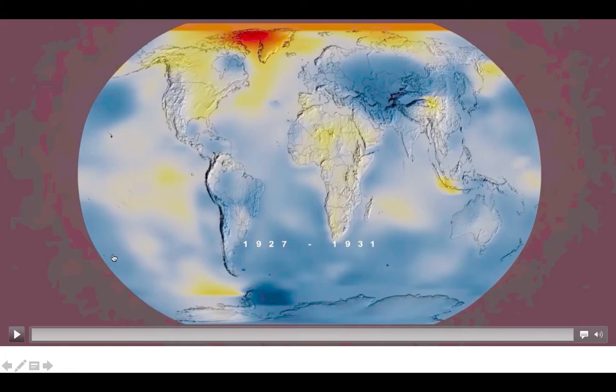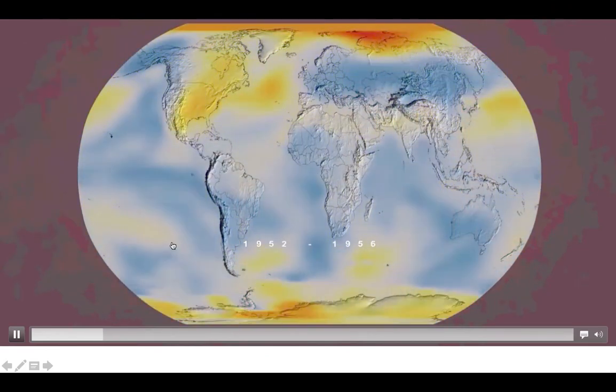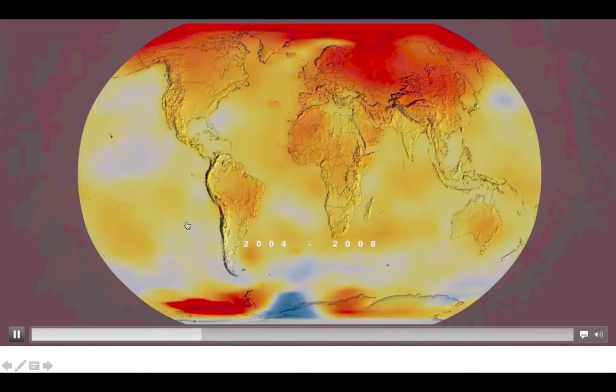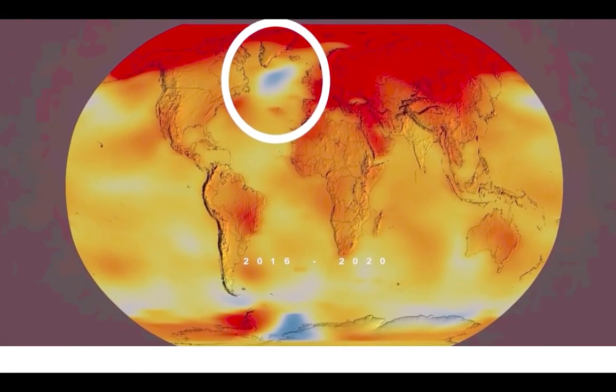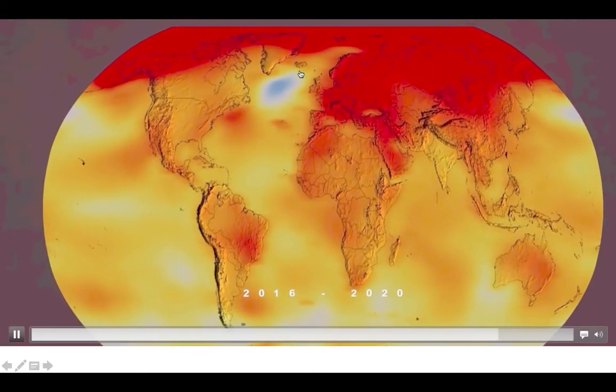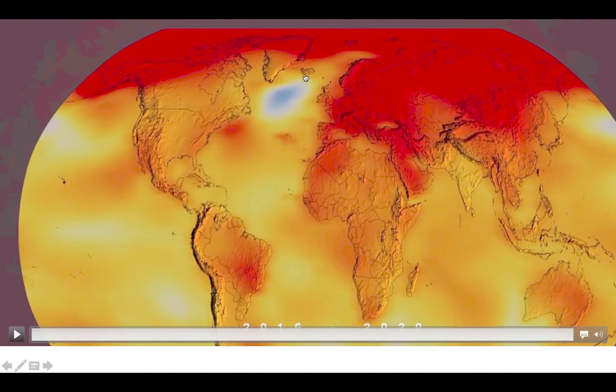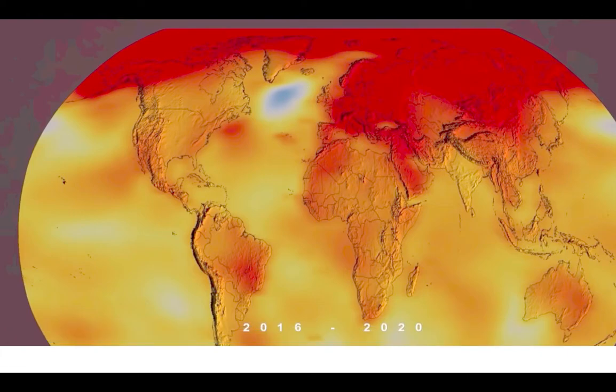So in this particular animation, we can see how our earth is warming from 1927 till now. तो यहाँ देख सकते हैं how earth is warming with time, and you can see that there is a kind of blob or lens shaped structure over here which is still cold, and that's the reason why AMOC is still working, thermohaline circulation is still working.